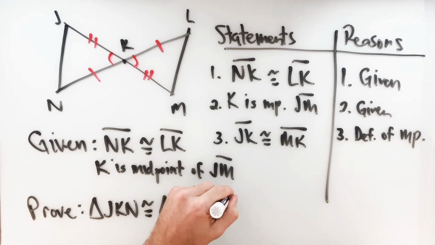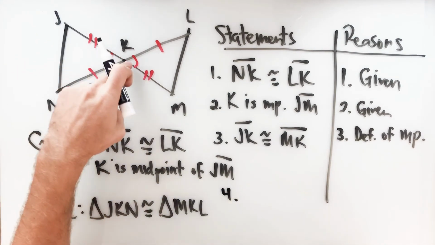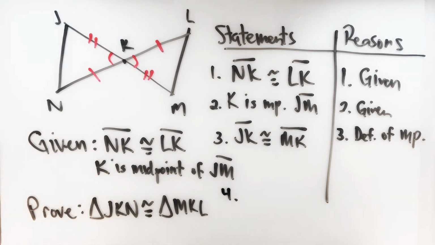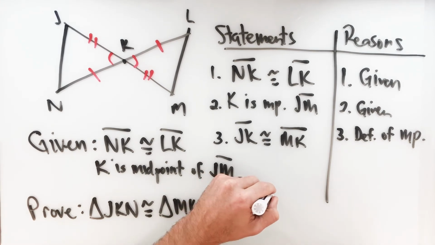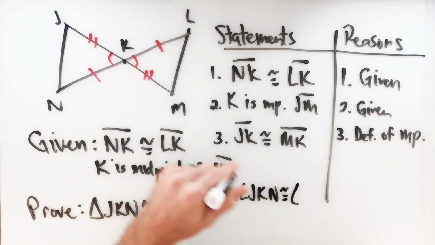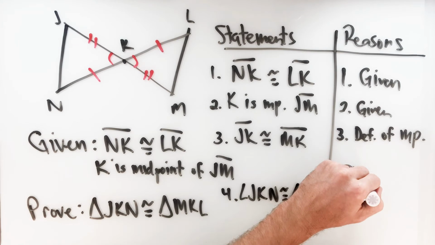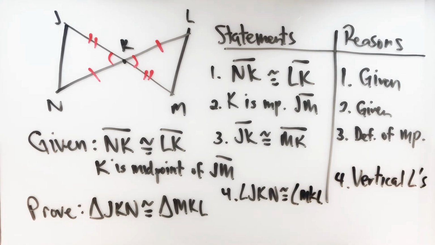So number 4, I've got angle JKN is congruent to angle MKL, and that is because they are vertical angles.